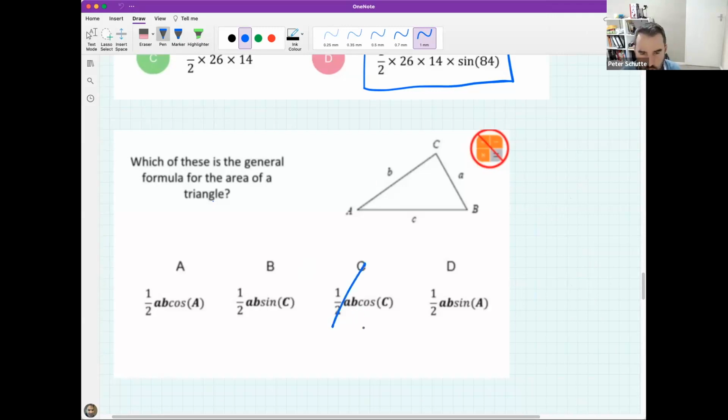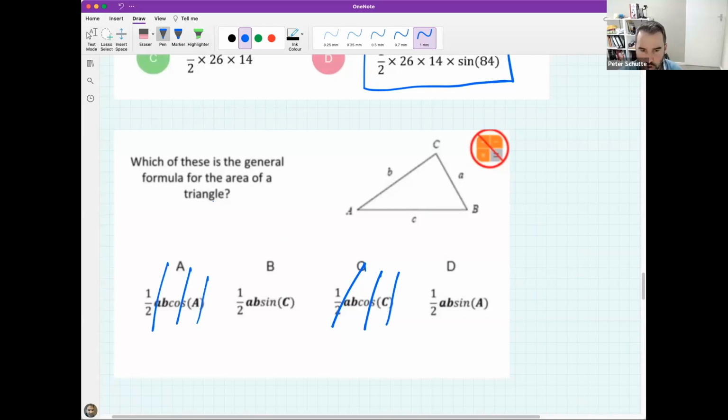Well, I see a cos, so that can't be correct. Now what am I looking for? I'm looking for the length of two sides and the angle in between. So half A times B times the sine of C. That looks good to me. What about this one?